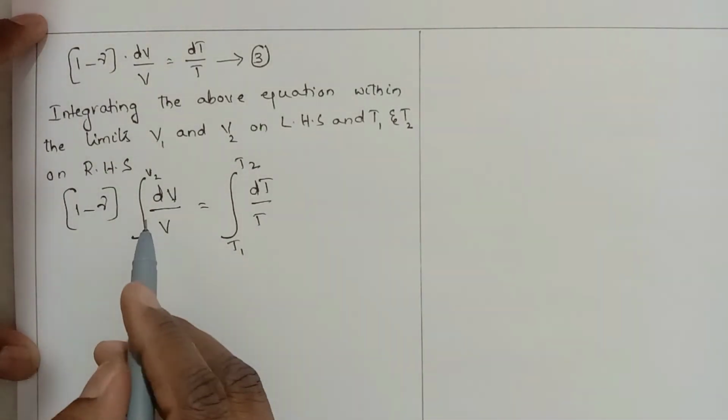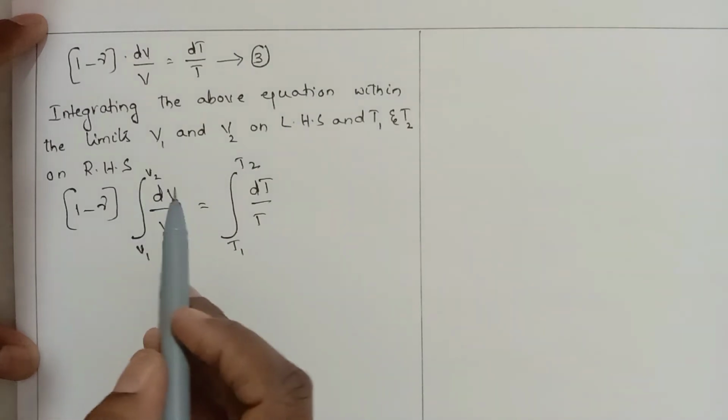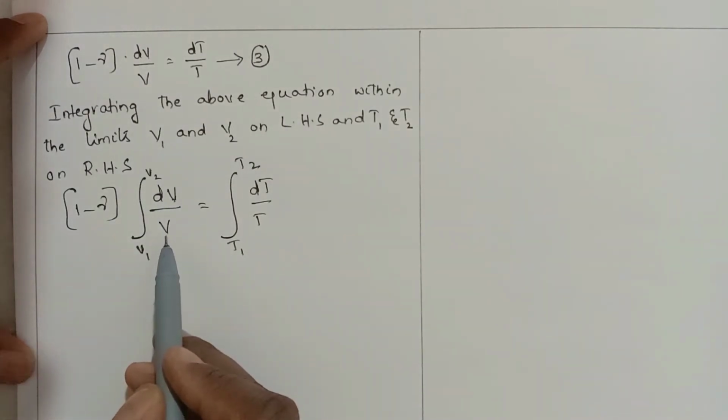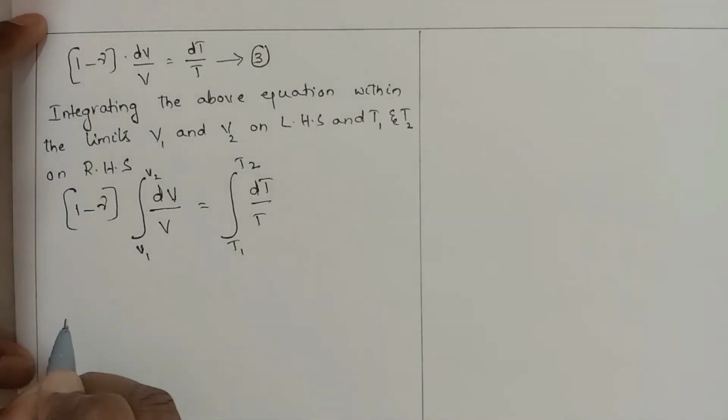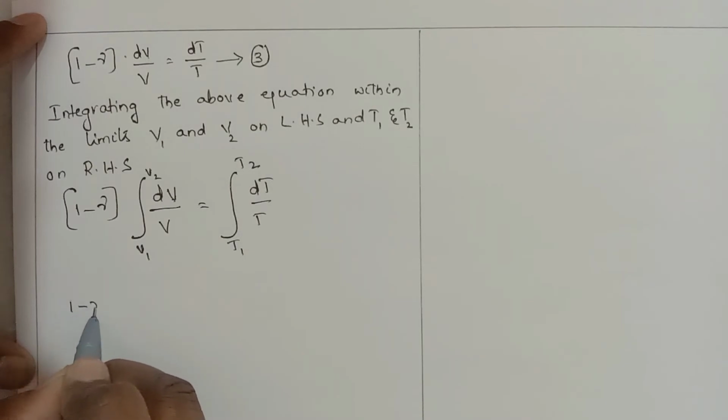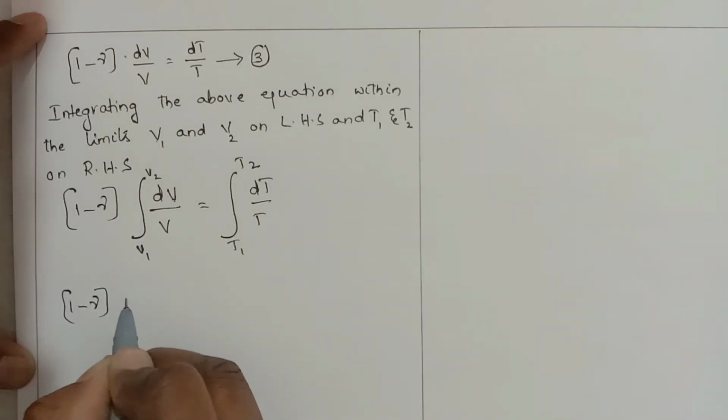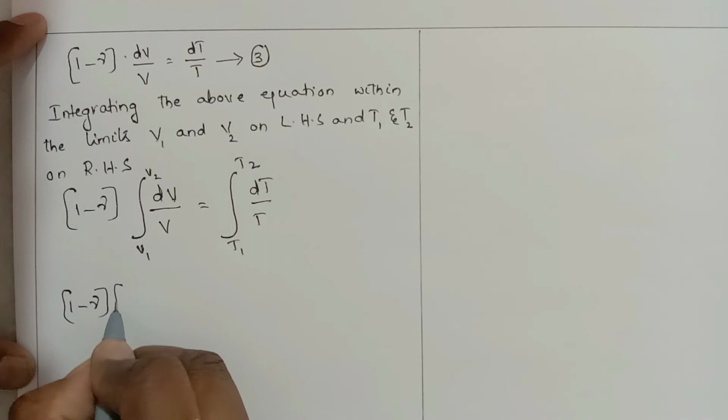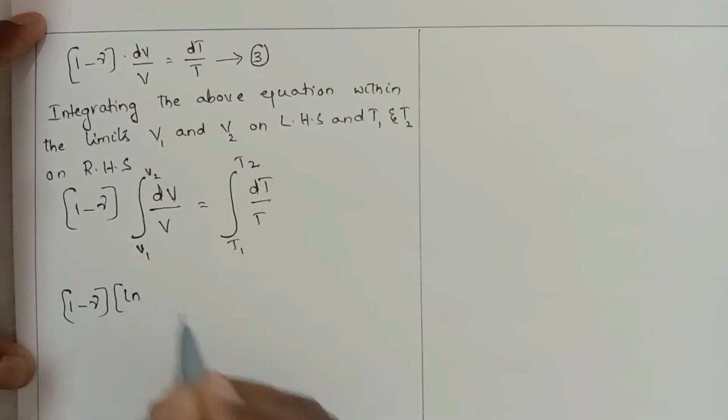So the solution of integral dV by V is, students, next step I am writing 1 minus gamma into ln. What is ln? It is a natural logarithm. Okay, that is log of base e is called ln, which is nothing but natural logarithm.